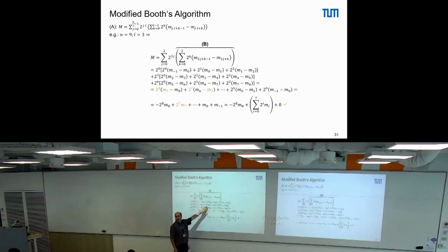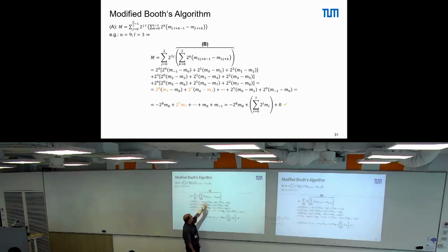Collecting several of these terms means before we passed 2 bits at a time. Now we pass 3 bits at a time. Namely, or let me see, yes, M0, M1, M2. In the next step, M2, M3, M4. No, it's 4 bits at a time, sorry.